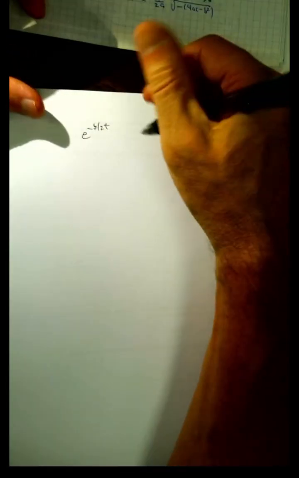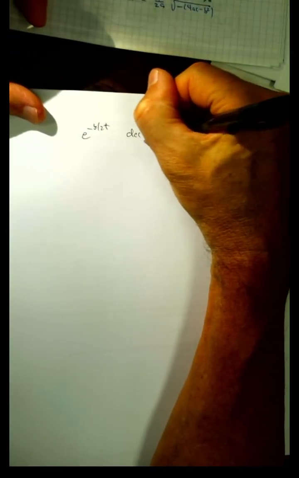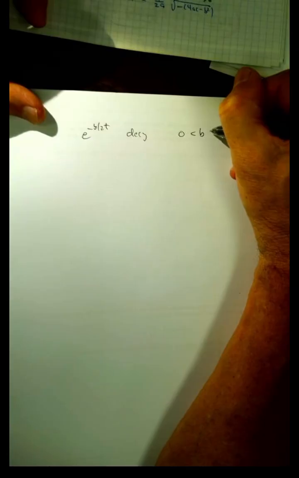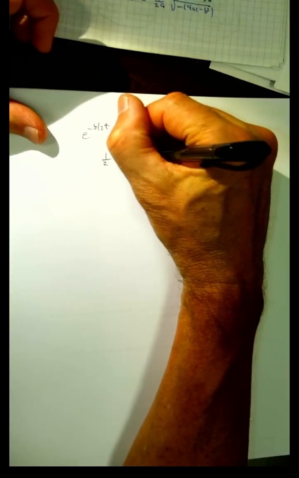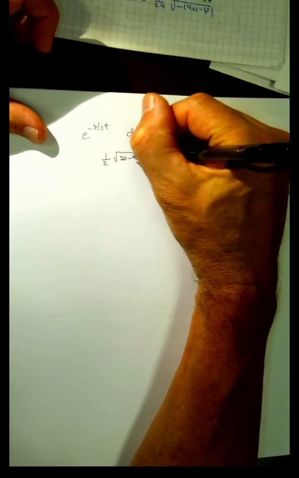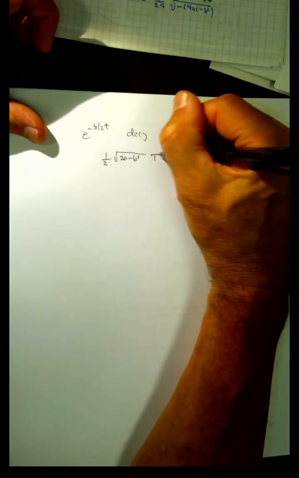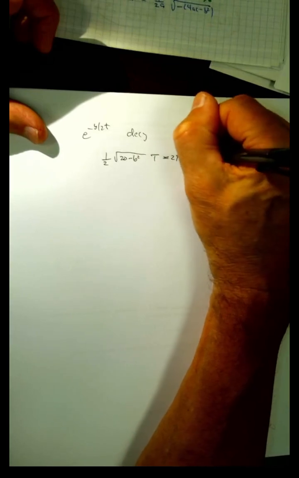So let's rewrite this. This is a lot. So we have, at this point for our system, it's going to decay like e to the minus b over 2 t. And this is assuming that b is between 0 and square root of 20. We have 1/2 times the square root of 20 minus b squared times the period equals 2 pi.